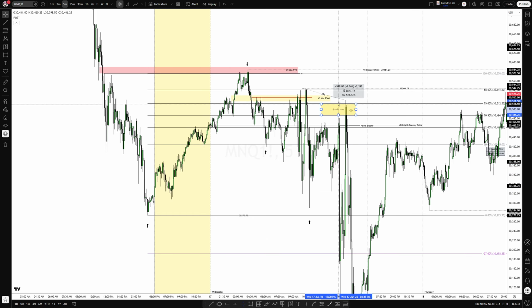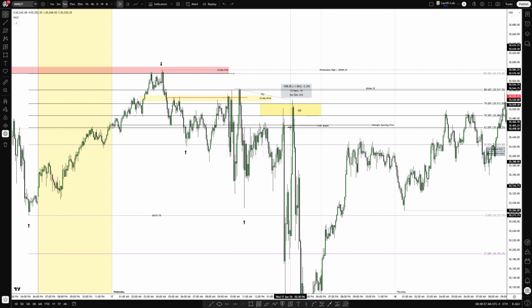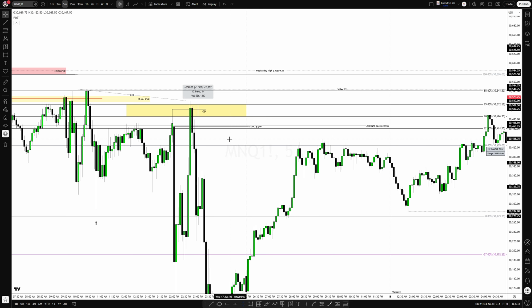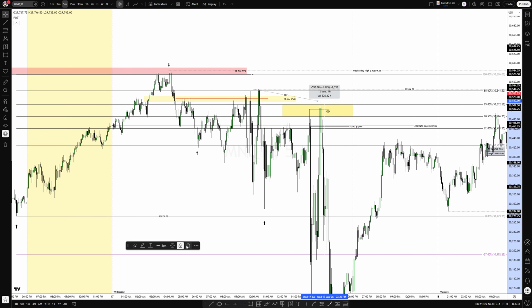So right here, drawing that fib, that 79 slash 80.5 retracement level. So that was the golden zone within the fib, and then there was also an internal sweep that happened in there as well.